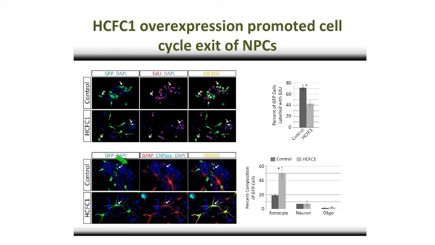And if we have a look at the co-localization of these transfected cells with the astrocyte marker GFAP, we can see that in controls, they don't really overlap. But when we overexpress HCFC1, a large number of astrocytes are expressing GFP. And so essentially, by overexpressing HCFC1, we're again changing the behavior of these cells and forcing them to differentiate.